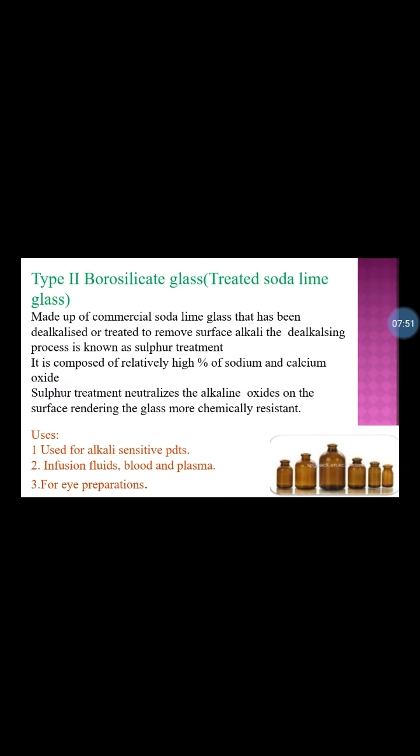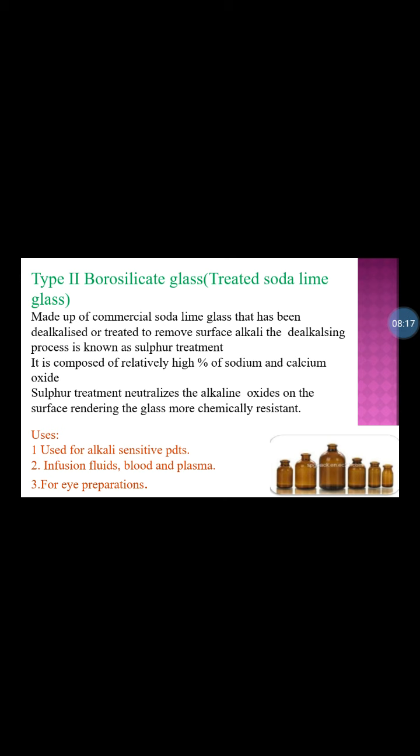Now the second type is type II borosilicate glass, which is also called treated soda lime glass, which is made up of commercial soda lime glass that has been dealkalized or treated to remove surface alkali. The dealkalizing process is known as sulfur treatment.